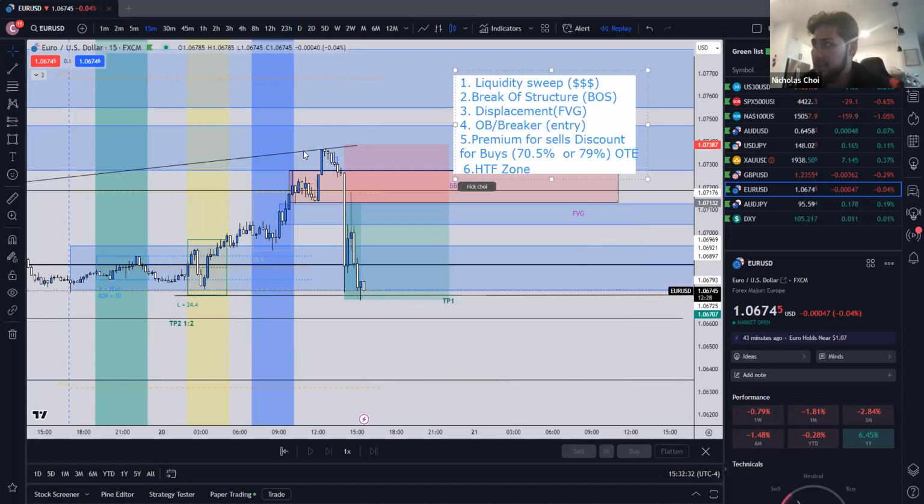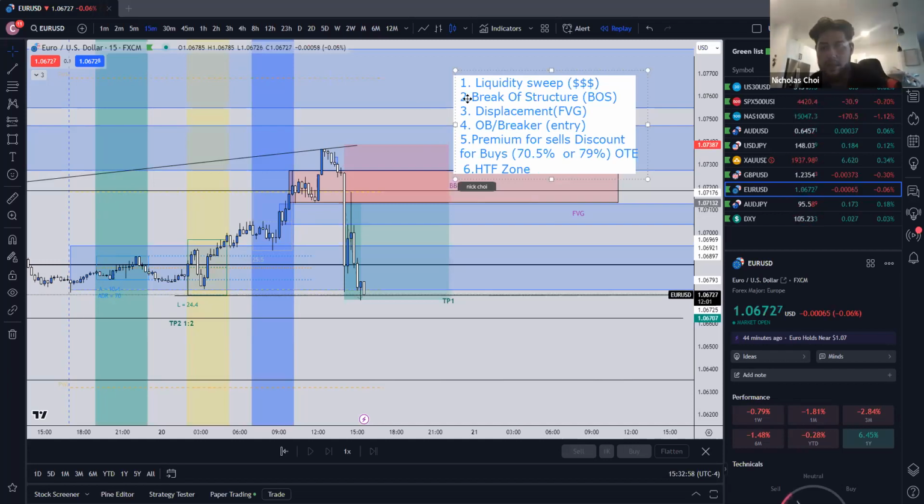So yeah, this zone here is a higher time frame zone, and it's essentially the same setup. This is the basic checklist, but there's other things I look for too. Like for example, you see how this high right here, this area right here, this didn't just sweep liquidity, which is the H4 high indicated by this line. I'm not gonna change it because this screen is really good.